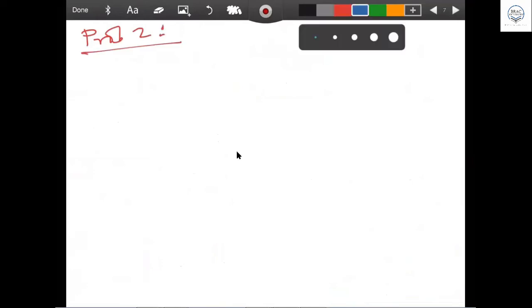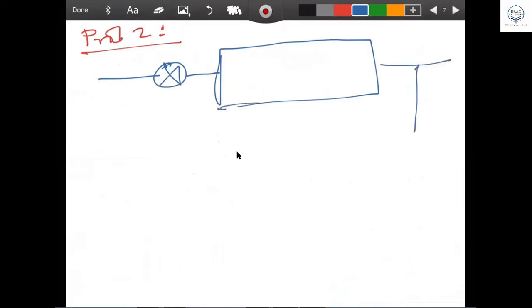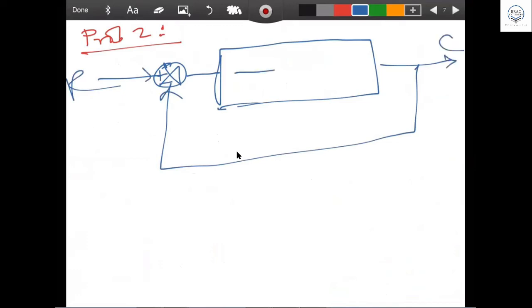Okay, the question is like this. This is the canonical form of a system. The transfer function is 1000 divided by s plus 2, s plus 3, and s plus 5.